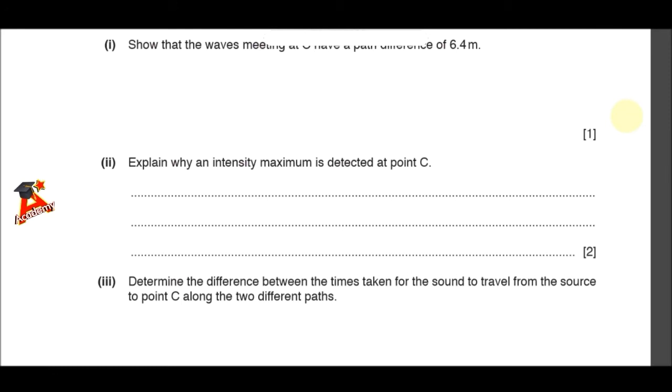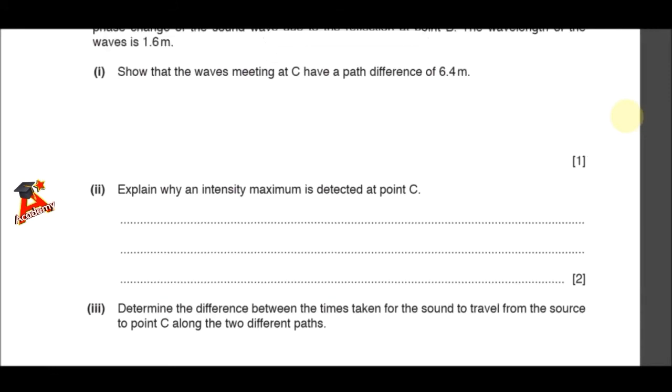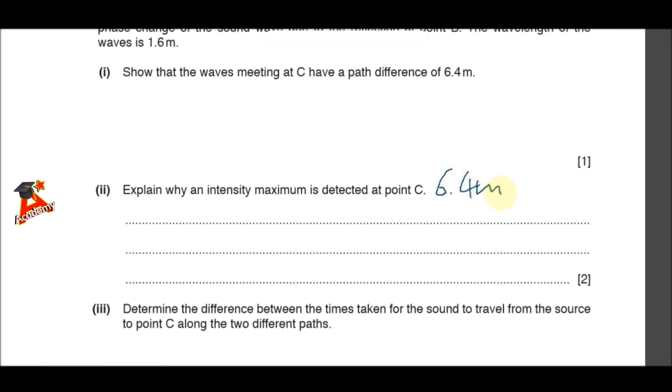Right, to explain item 2 there, we have to notice that these waves, when they meet at C, have a path difference of 6.4 meters, which is 4 times the wavelength. So since they meet at a whole number of wavelengths, they meet in phase. So to get your 1 mark, we say here that the waves meet in phase.